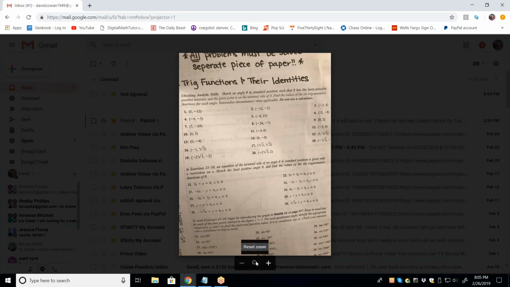All problems must be on a separate piece of paper? That was just for my homework. Okay. So problem 21, an equation of the terminal side of an angle in standard position is given with a restriction on x. Sketch the least positive angle and find the values of the 6 trig functions of theta.